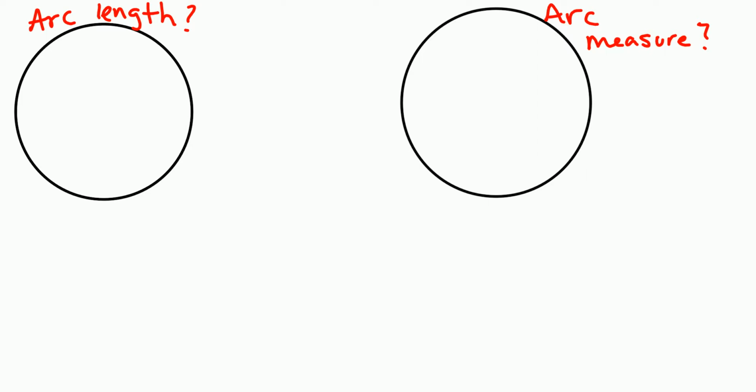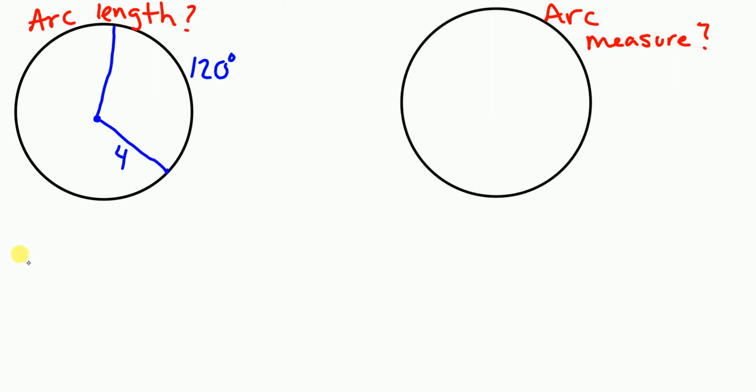Okay, so first example, we have this, let me redraw that, sorry. We have this central angle, and the radius is 4, and the arc measure here is 120 degrees. Okay, so we just plug everything in.